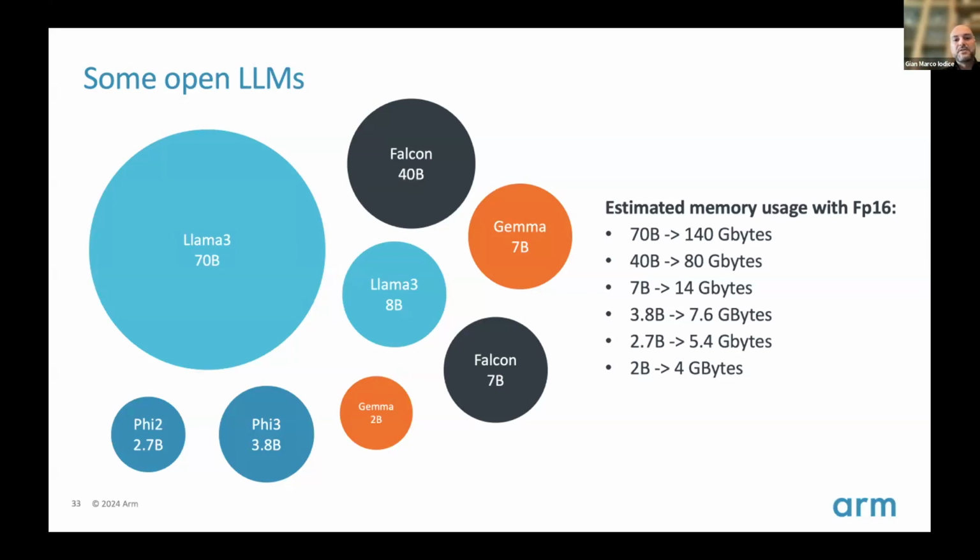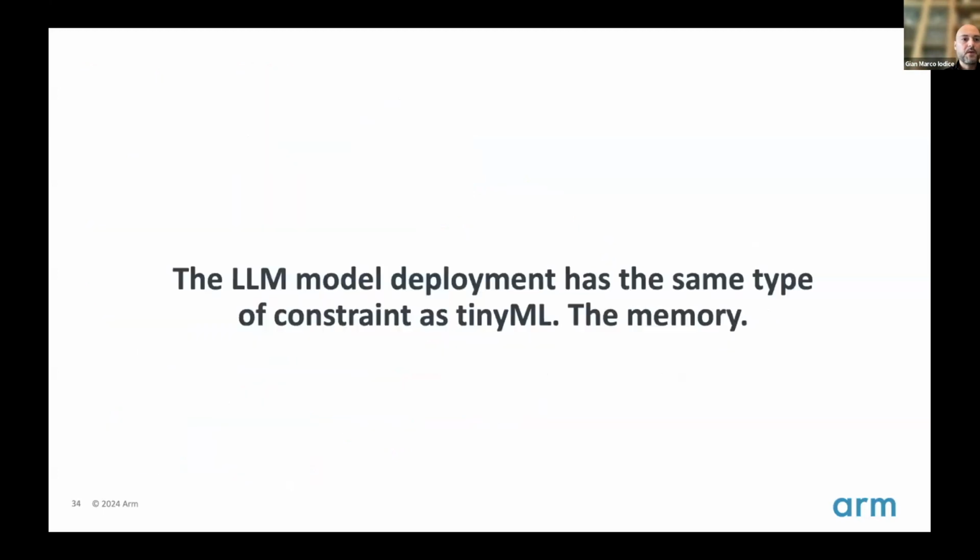Here I have reported some models from Microsoft, some, for instance, from Meta, from Google, highlighted with colors. What can we tell about these large language models if we want to deploy them on mobile devices? I'm not talking about microcontrollers, I'm talking mainly about mobile devices.